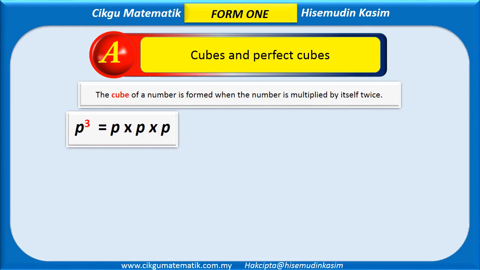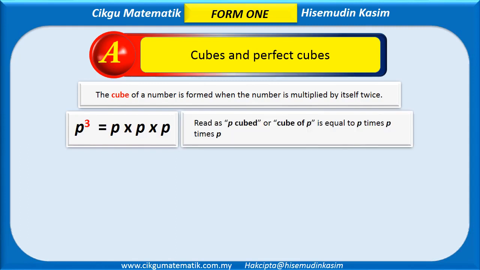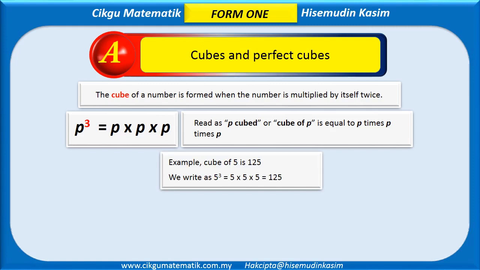P cubed equals P times P times P. Read as P cubed or cube of P is equal to P times P times P. Example, the cube of 5 is 125. We write it as 5 cubed equal to 5 times 5 times 5 equal to 125.